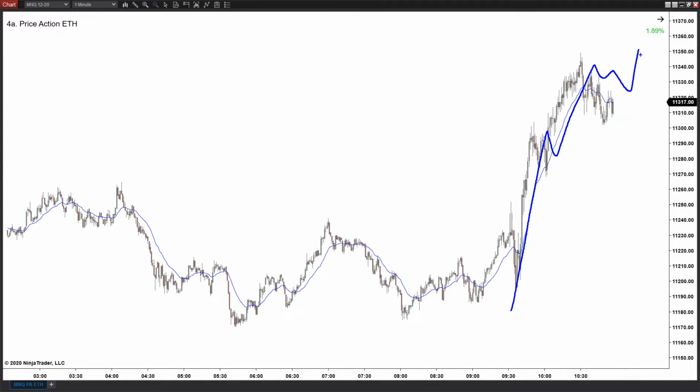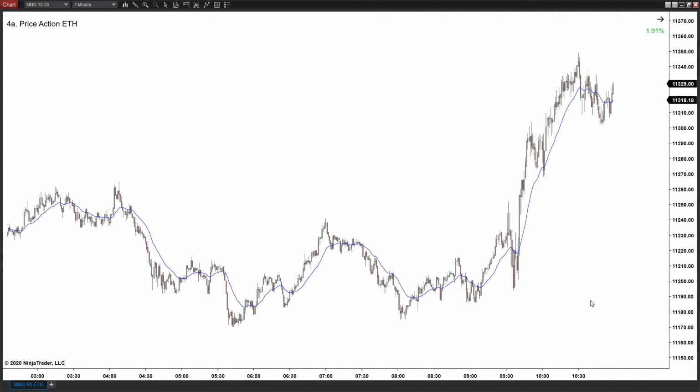So the likely context-driven result would be up. I don't know how far up, but I do know that buyers are probably targeting back up towards the highs at the very least, or at least the high closes, something further up than where it is right now. So that's what's supposed to happen, because that's what would make sense to happen. The probability would dictate that the market's going to go up.